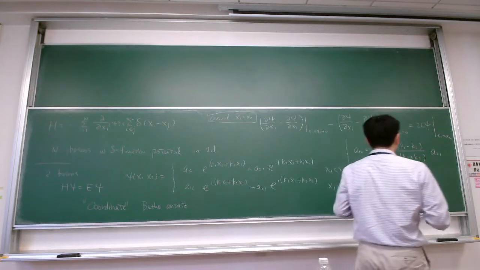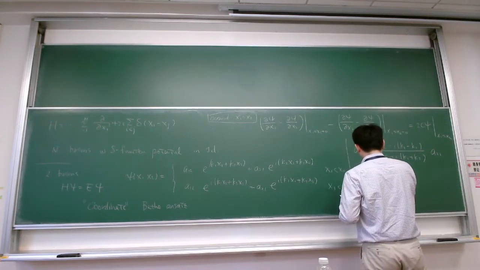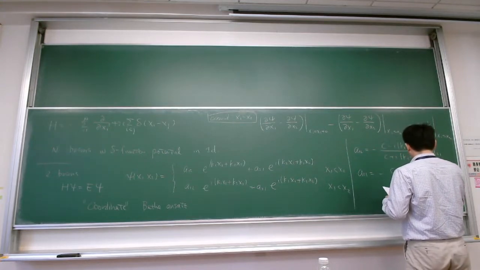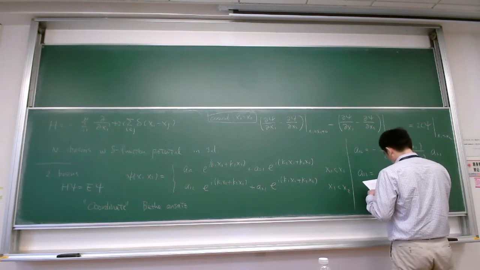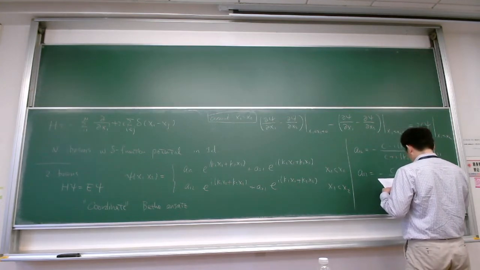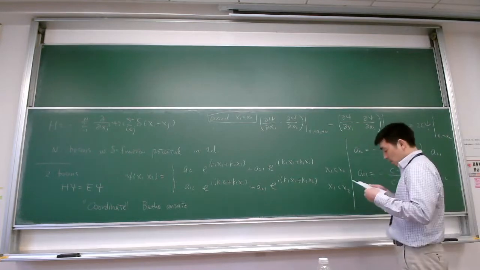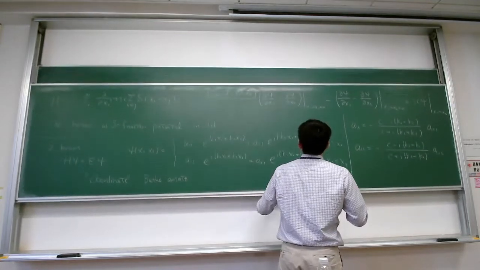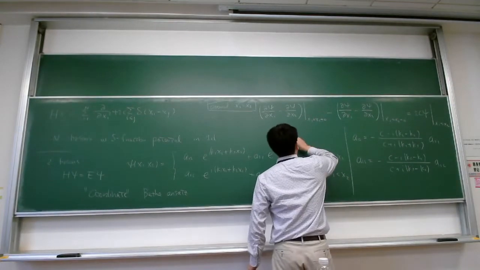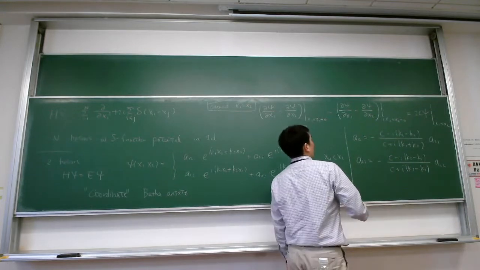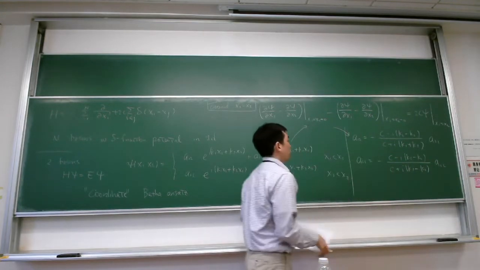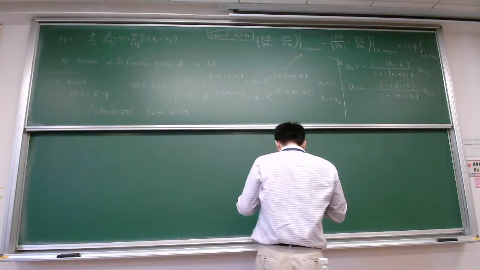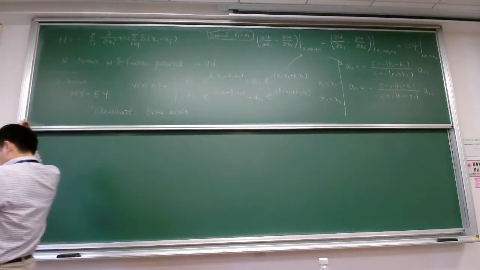And of course, if you do the opposite side, A21 is equal to minus C minus i (k2 minus k1) divided by C plus i (k2 minus k1). So if you plug this coordinate Bethe ansatz into the Schrödinger equation, you get this relation.